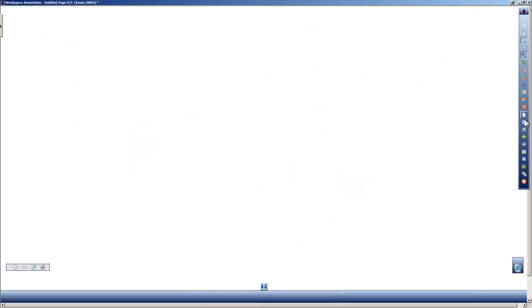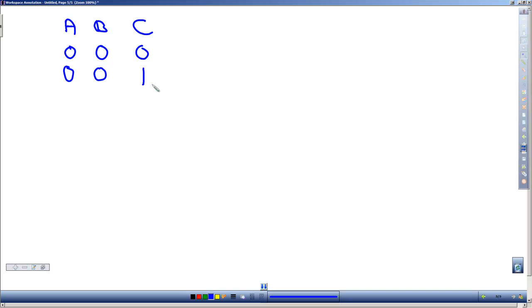Well, let's say we go with 3 switches, A, B, and C. Let's look at all the possible combinations there. We could start with all 3 of them off. Then the first 2 off and the 3rd one on. Off, on, off. Off, on.